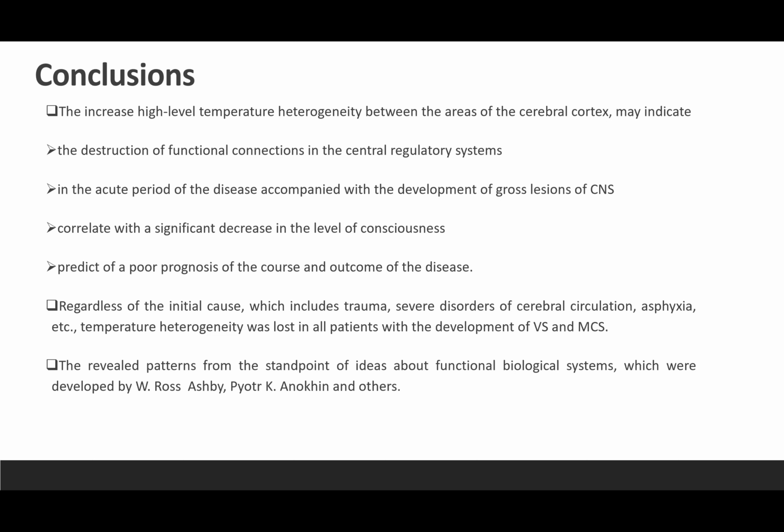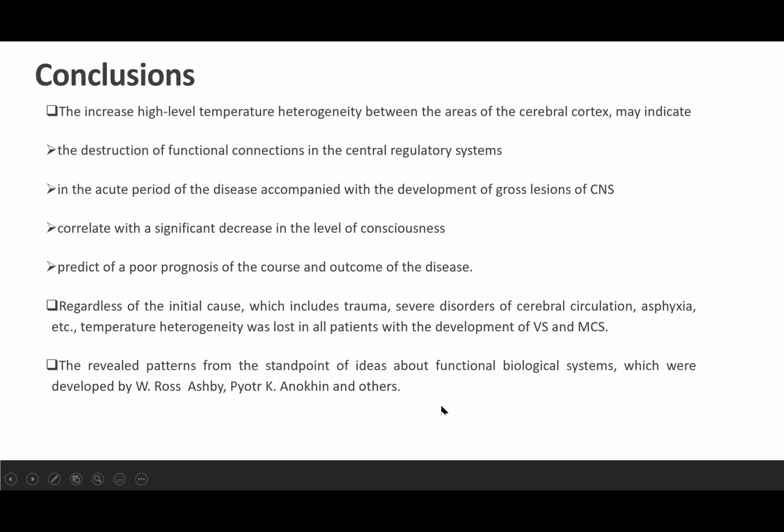I would like to say that regardless of initial cause, which include trauma, severe disorders of cerebral circulation, temperature heterogeneity was lost in all patients with development of vegetative state or other states where the patient has a loss of consciousness.